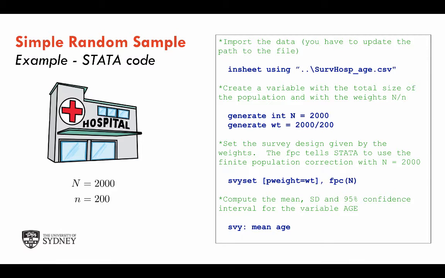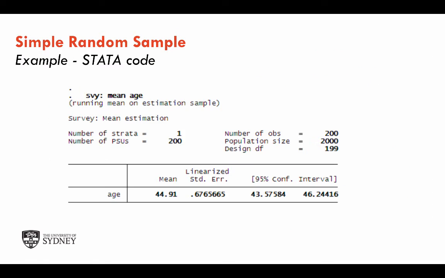So now we can compute the mean for the variable age, but instead of using the usual command just mean age, we're going to add svy, which will ask Stata to use the sampling scheme. In this case, the mean age is about 45 years old, and Stata also gives you the standard error and confidence interval for the mean.